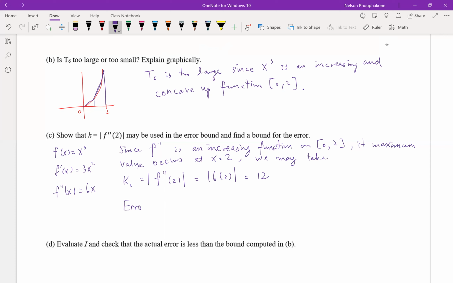Then we work with the error of T sub 6: (2 minus 0) to the 3 over 12 times 6 squared, which is 2 over 9, or approximately 0.2222.